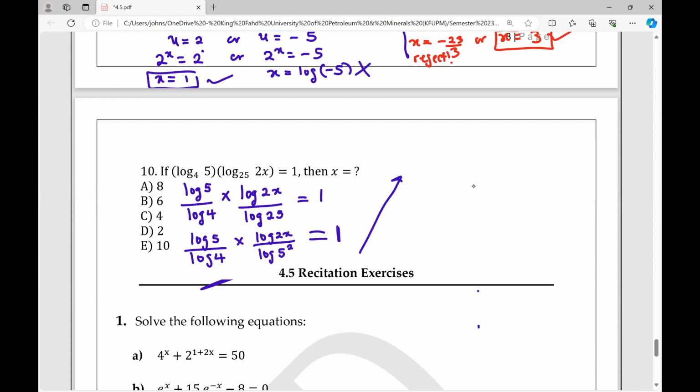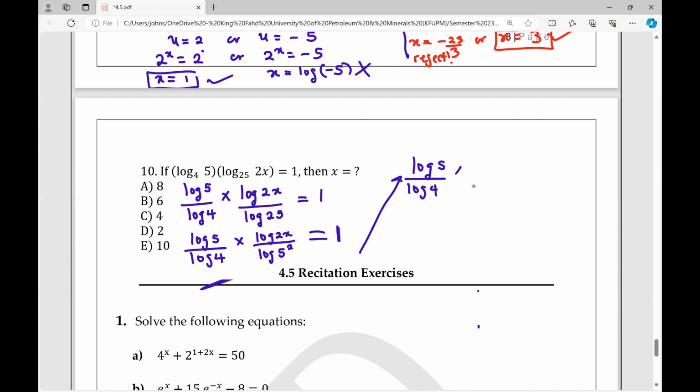So let's transfer to this other side. This will still be log 5 over log 4, but this 5 to power 2 can become just a half, right?